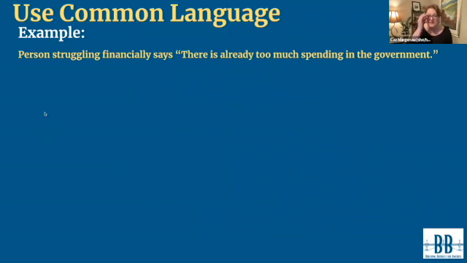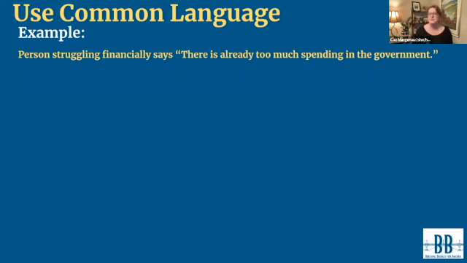So let's put this into an example. Just imagine, close your eyes and imagine that you are making phone calls for a candidate, and just based off how you ran those phone calls, how the turf was cut, you're talking to somebody who is likely struggling financially.